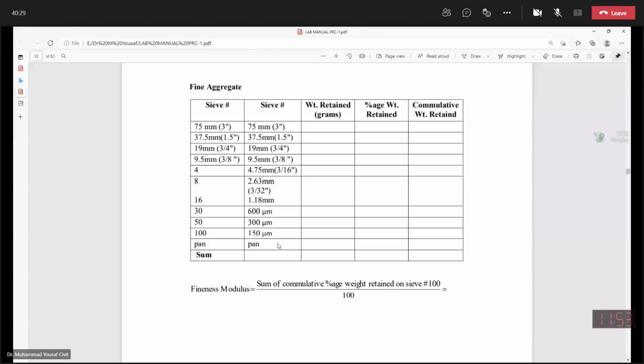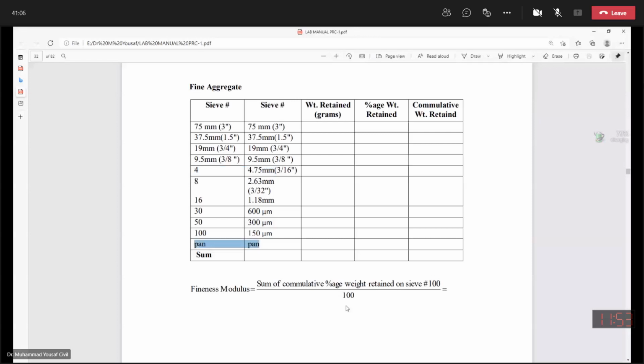It will pass through 4, all of these will remain empty, and you have to calculate the percentage of the material retained on each sieve, and then you will be adding up all these percentages. Those percentages will be written over there, and the material retained on the pan will not be considered, and the summation will be divided by 100. It will give you the fineness modulus of the fine aggregate.